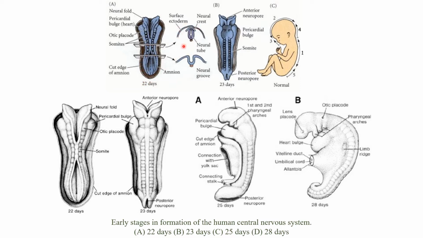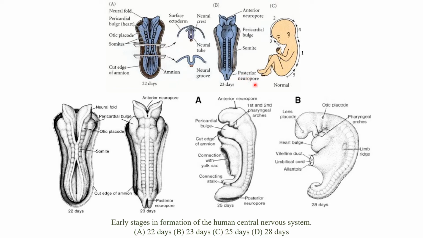And then in a different view, you will see here the surface ectoderm and then the neural crest. And then letter B would show you the difference now when it ages to 23 days. Okay, so you will see the anterior neuropore and then the somites and then the posterior neuropore.